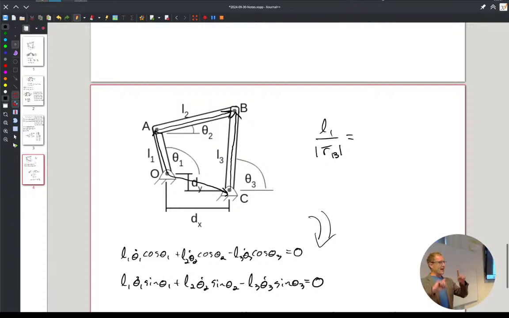Really any combination of vectors will get you to the same equation. You'll still end up with some kind of L1 theta 1 dot cosine and a sine and all that. RA, RB slash A, RB from C, and then this is that RC.